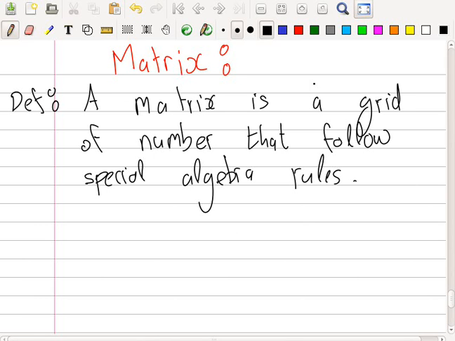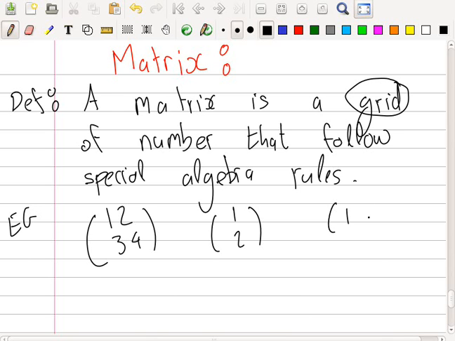So what I mean by grid is something like this, e.g. 1, 2, 3, 4, 1, 2, 1, 2. These are examples of matrices. It's when you have a block of numbers. And I said that they have their own special rules. So I'm going to show you all the special rules for matrices.